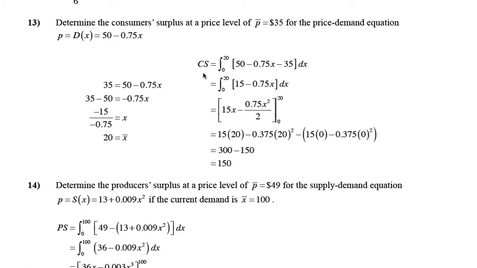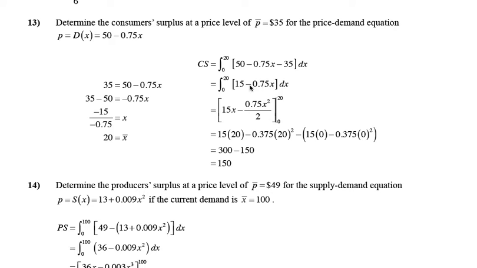So the formula for consumer surplus is the definite integral from 0 to x bar, the equilibrium or market quantity, of the price demand function, in this case 50 minus 0.75x, minus the market price, which, as we were given, is $35.